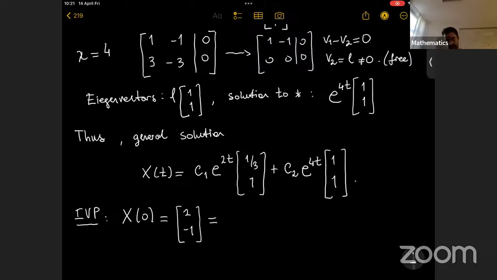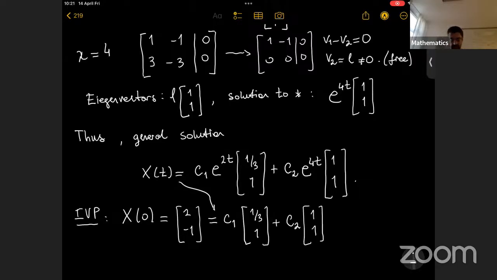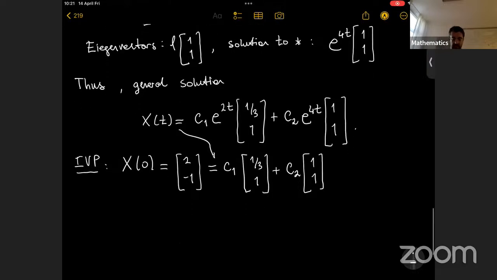And at the same time, x(0) from here is C1 times e^0, which is 1, times (1/3, 1), plus C2 (1, 1). From this, you can find C1 and C2.